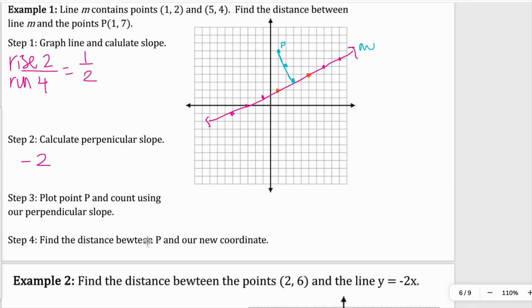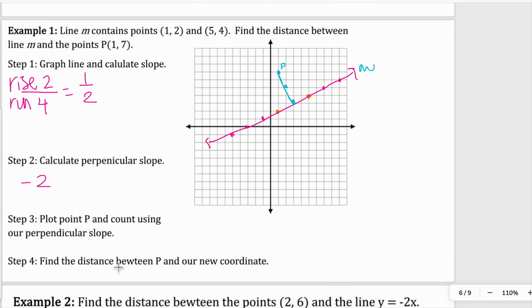Now we want to find the distance between point P, which is (1, 7), and our new coordinate, which is now over 3, up 3. So the new point is (3, 3). So now we would just find the distance of those using our distance formula.